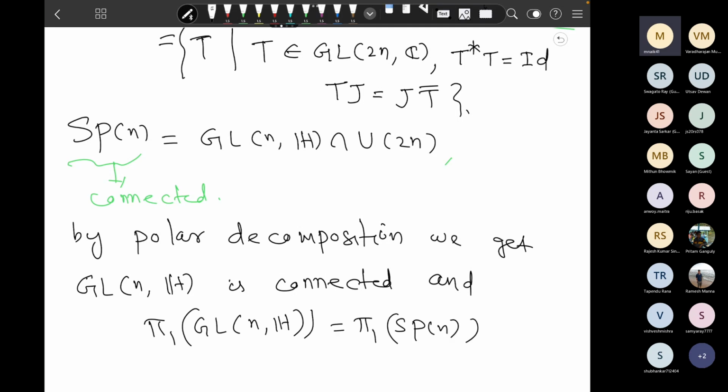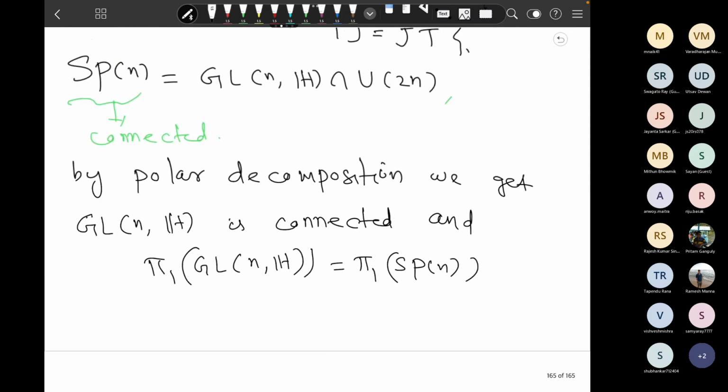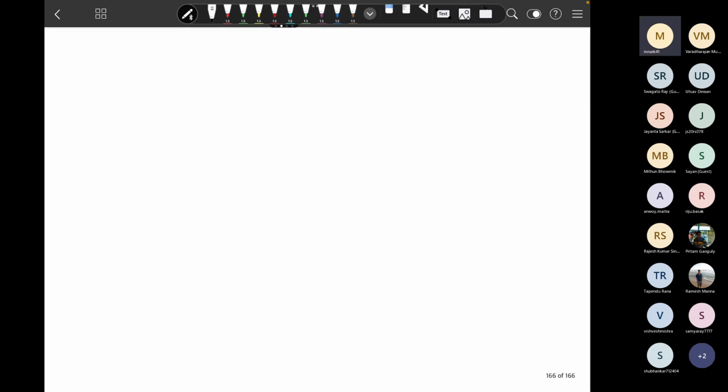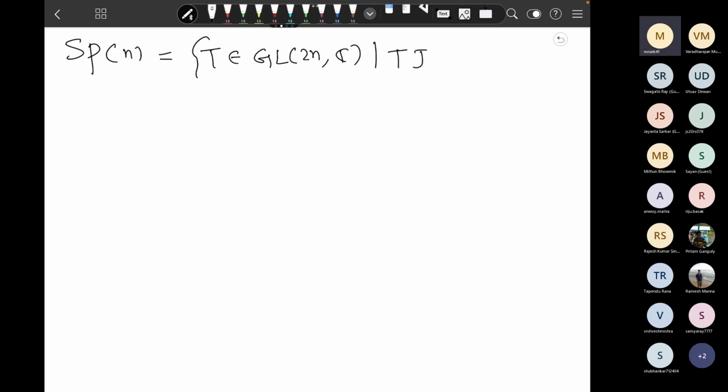So this is clear. Now Sp(n) is really the set of T belonging to GL(2n,C) such that Tj is equal to j T bar and T star T is equal to identity, and this is the realization of Sp(n) inside the complex group GL(2n,C).